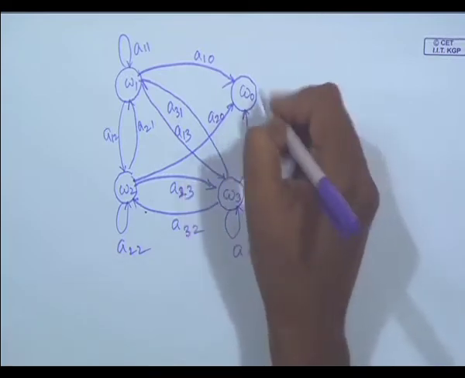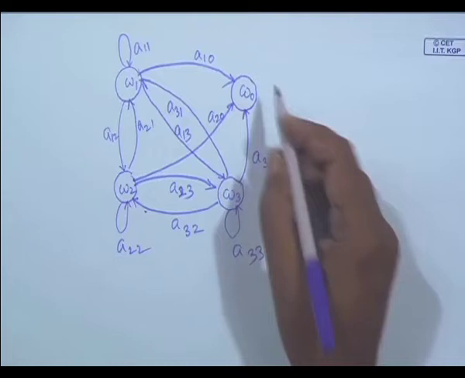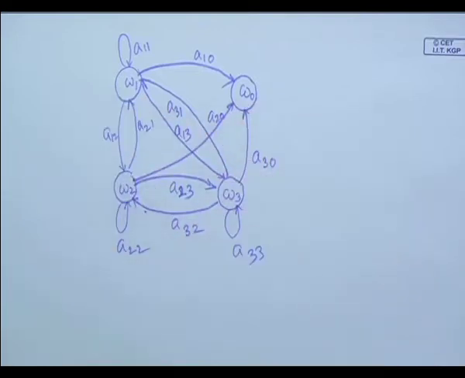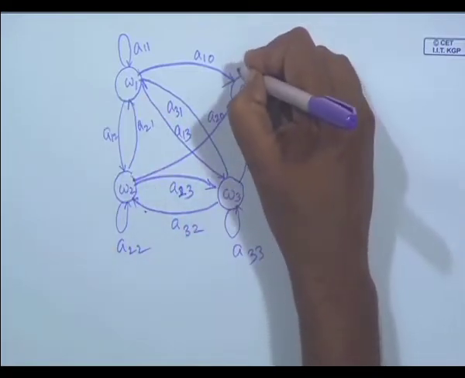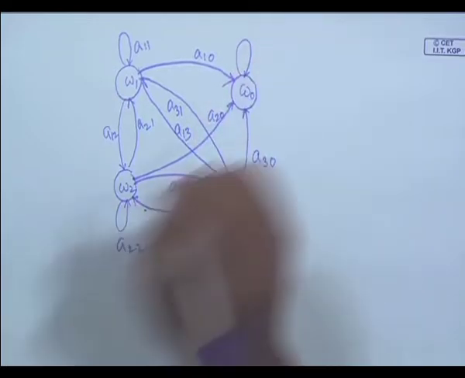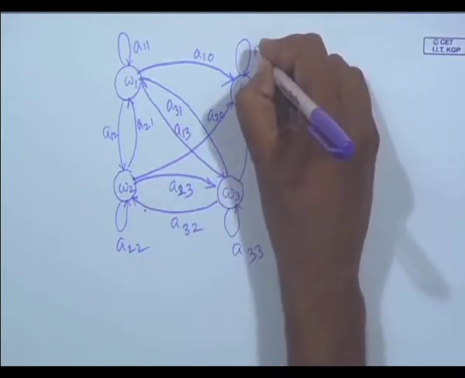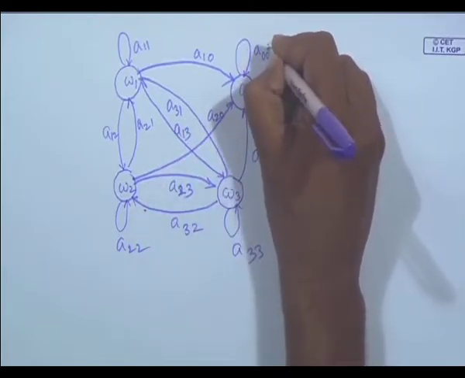But once the hidden Markov model is in this final state omega 0, it cannot come back to any of these states. However, it can have a transition within the state, and because this transition will always be within omega 0, I must have A00 equal to 1.